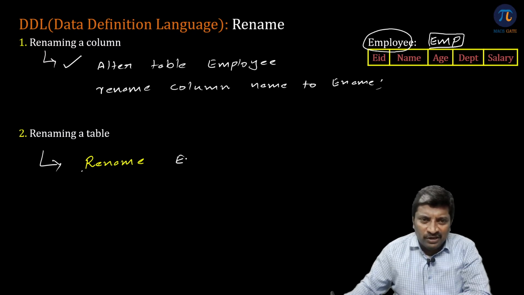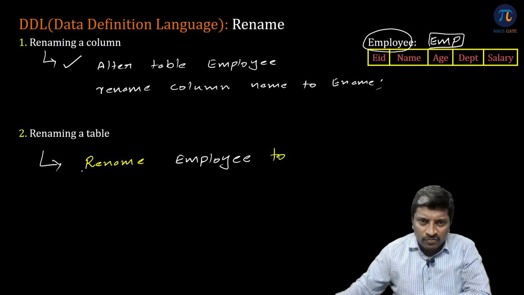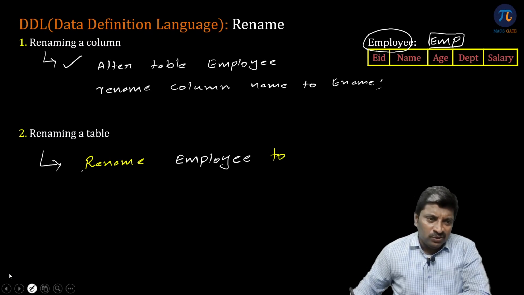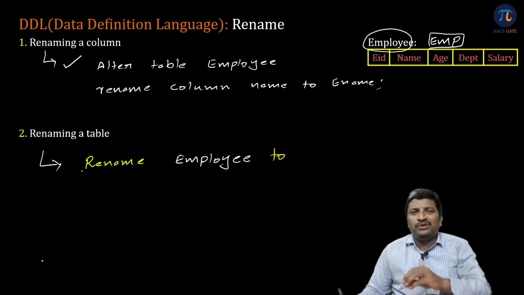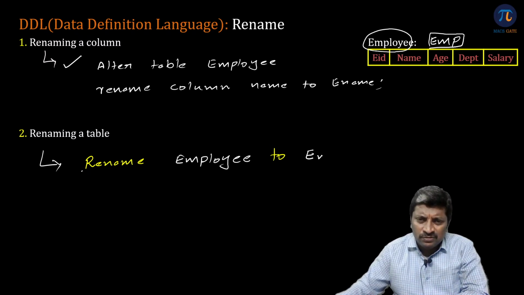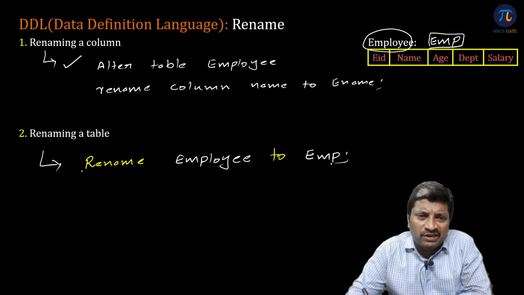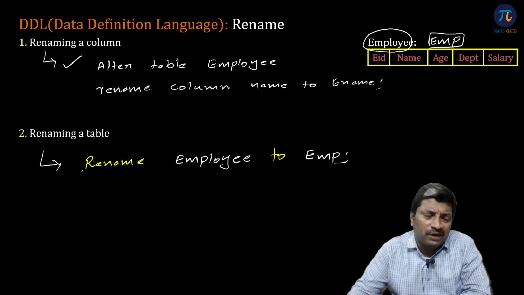The old table name is employee. And what is the new table name? Sir, new table name, no need to give M. You can give something else also. You can give Sudhakar also. That's it. That is the way we can rename the columns or relations.